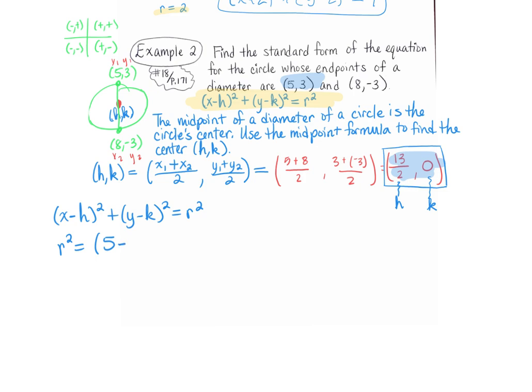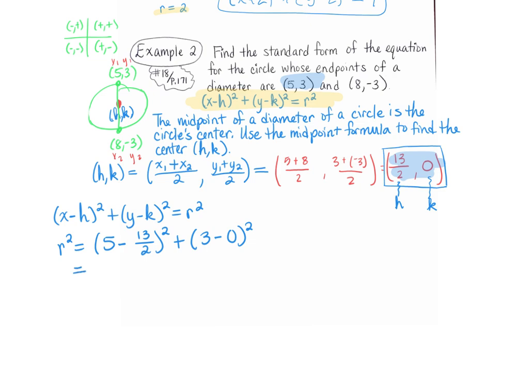Minus what? 13 over 2, squared, plus 3 minus 0, squared. Equals what? So what do we do now? Simplify it, yeah.